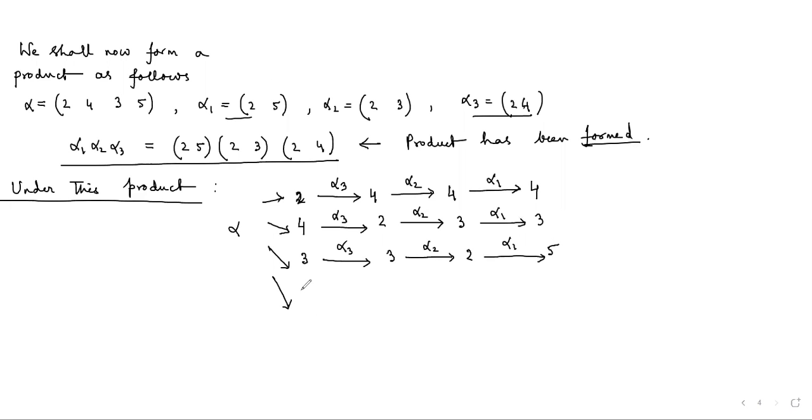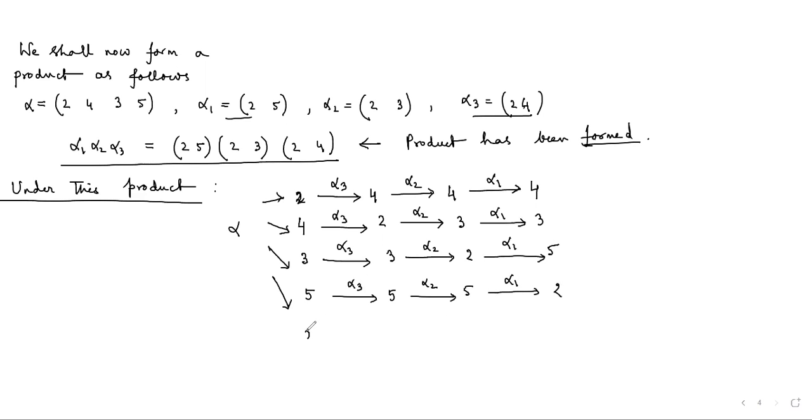Next element is 5. Under the permutation alpha 3, 5 goes to 5. Under alpha 2, 5 goes to 5. Under alpha 1, 5 goes to 2.